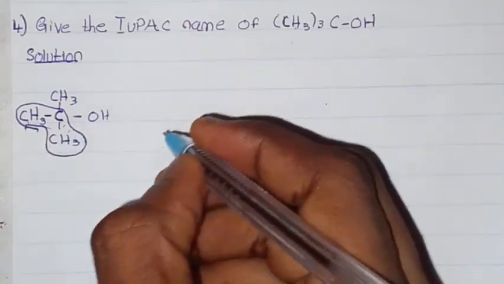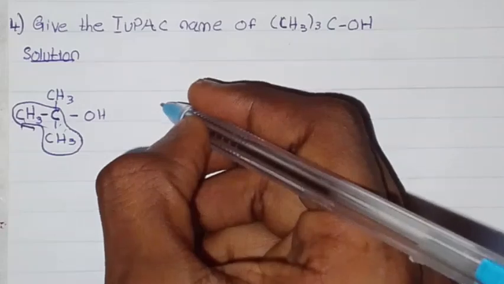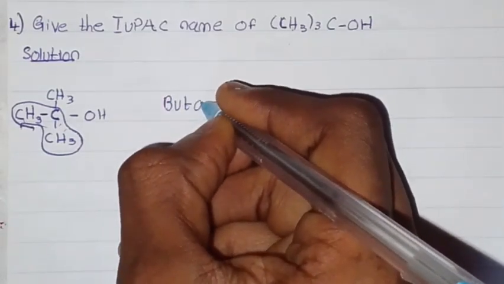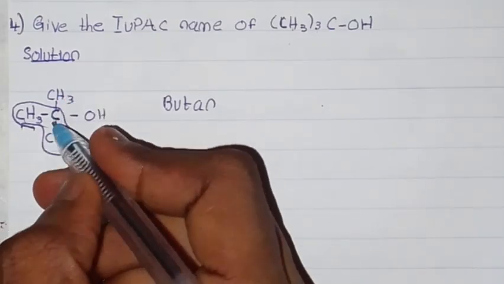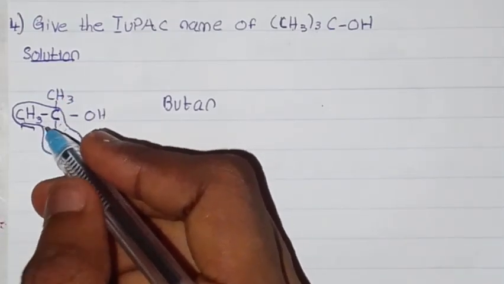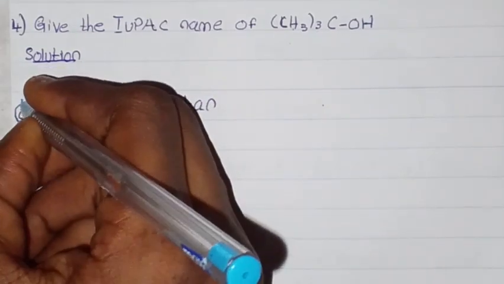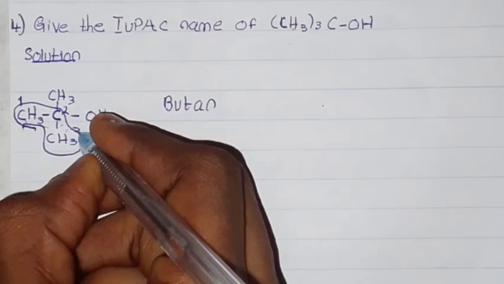Now this tells us that the prefix for this is actually butan, right? Butan. So now we need to find the number for this OH we take and also the substituent CH3 we take. Now I'm going to go with the forward numbering system. Let's try that. We're having 1, we're having 2, we're having 3, right?